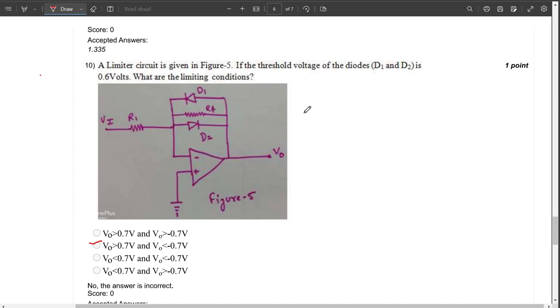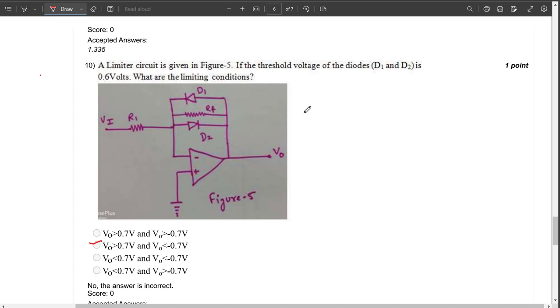Virtual short can be applied, right? Actually, as per my knowledge, when we have diodes, we must perform an open circuit test first, and then proceed with the type of feedback and all.